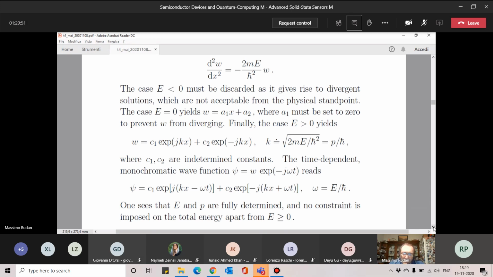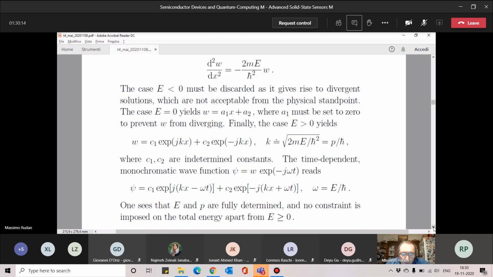So E is T, and T is p squared over 2m. So actually k is equal to the modulus of momentum over h bar, as we know very well from the de Broglie hypothesis for the free particle, okay?